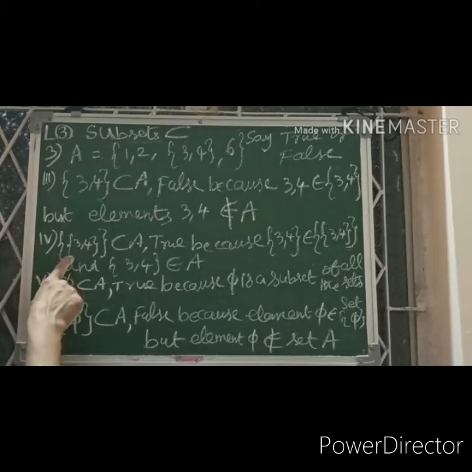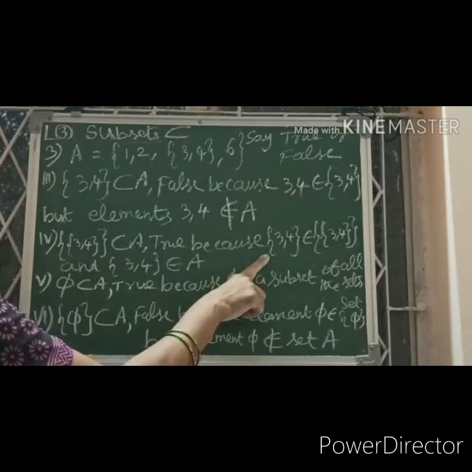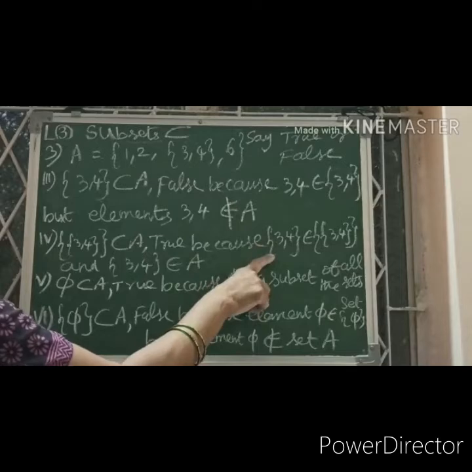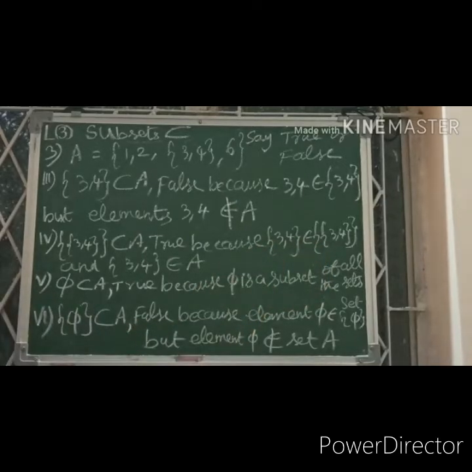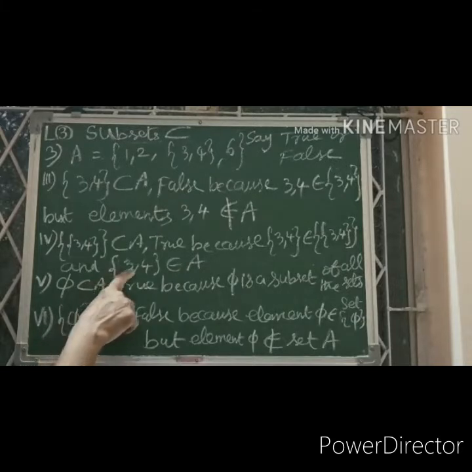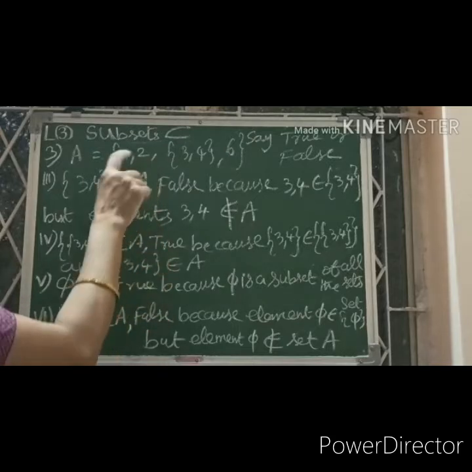Double curly bracket 3 comma 4 is a subset of set A. It is true because curly bracket 3 comma 4 belongs to double curly bracket 3 comma 4, and this curly bracket 3 comma 4 belongs to set A.